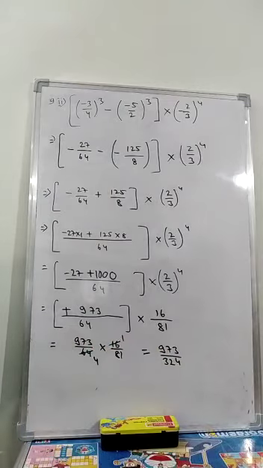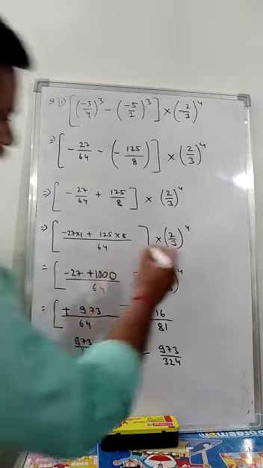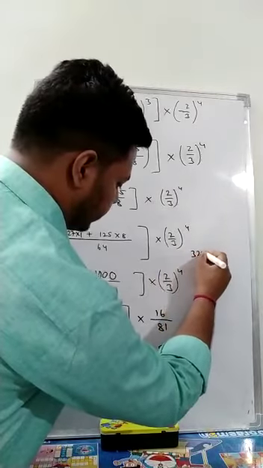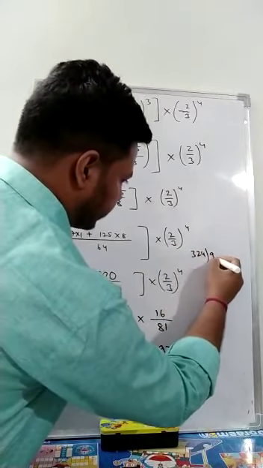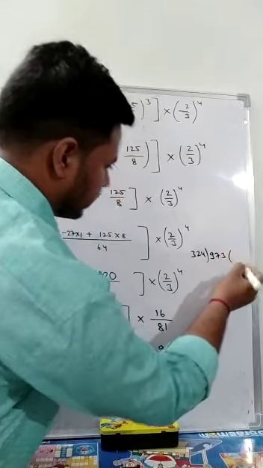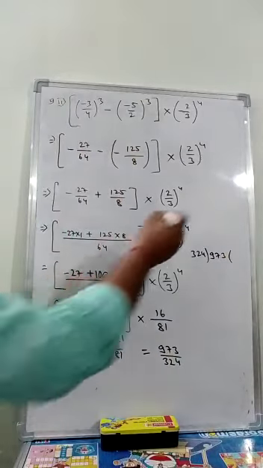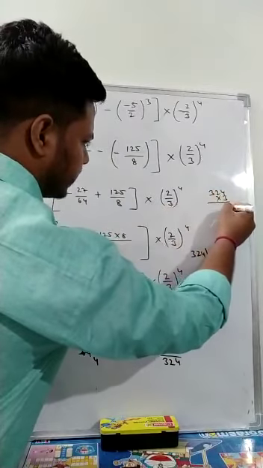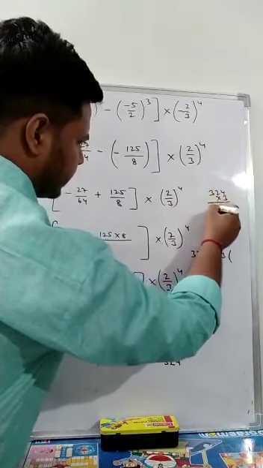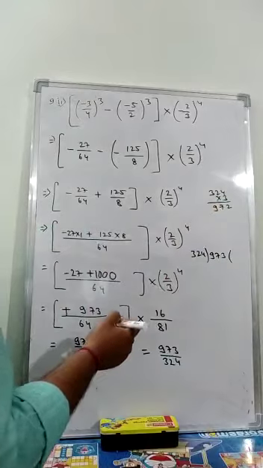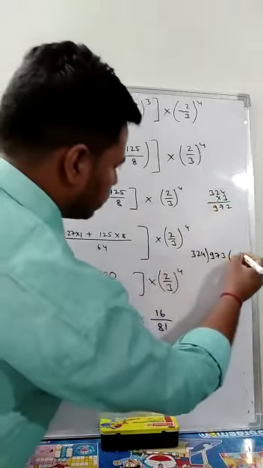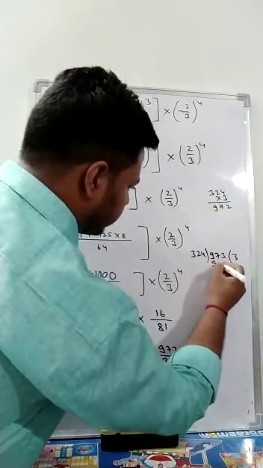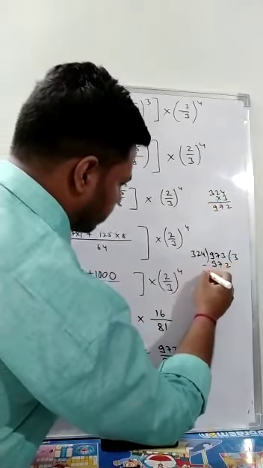Since this is an improper fraction, convert it into a mixed fraction. 324 divided by 973. Now if you see 3 times, 324 into 3, 4 3 is 12, 3 2 is 6, 7, 3 3 is 9. So see, it is coming 972. So 3 times it will be 972.